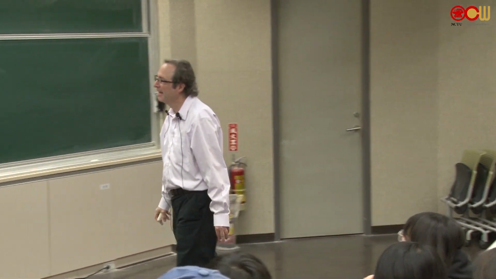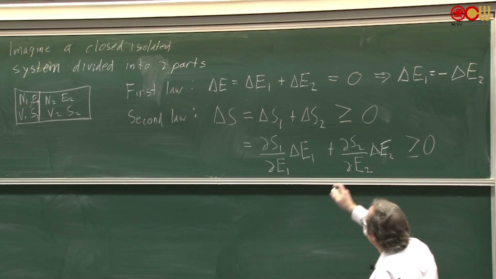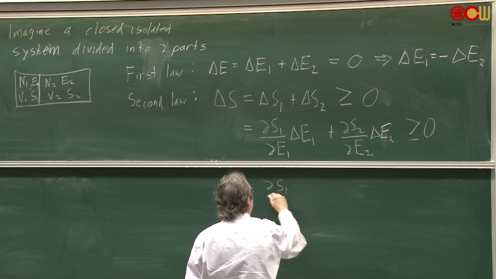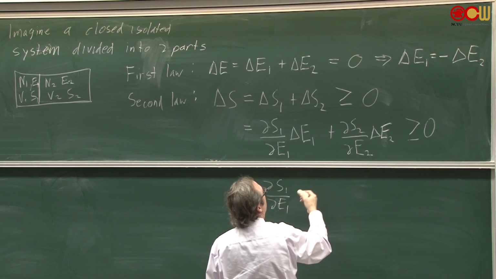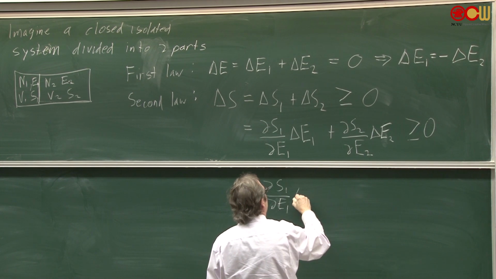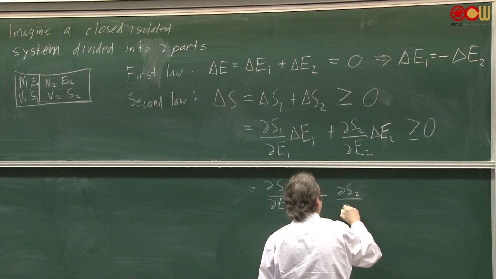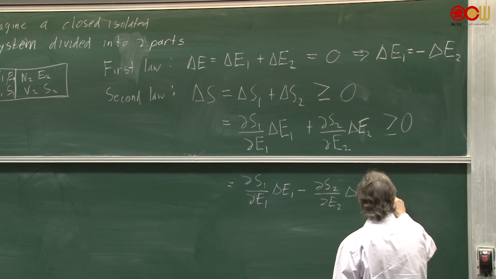All right. Now I'm going to put the first law in the second law, and I get this. dS1 dE1. And which one do I want to do? I'll do delta E1 minus dS2 dE2 delta E1 is greater or equal to 0.